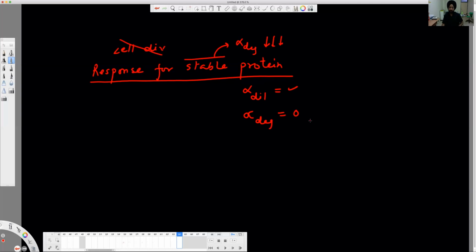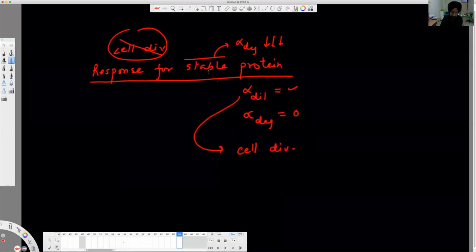So then it only depends on alpha dilution, right? And the dilution time would depend upon what now? It's only the cell division, right? So alpha dilution will only depend on cell division.